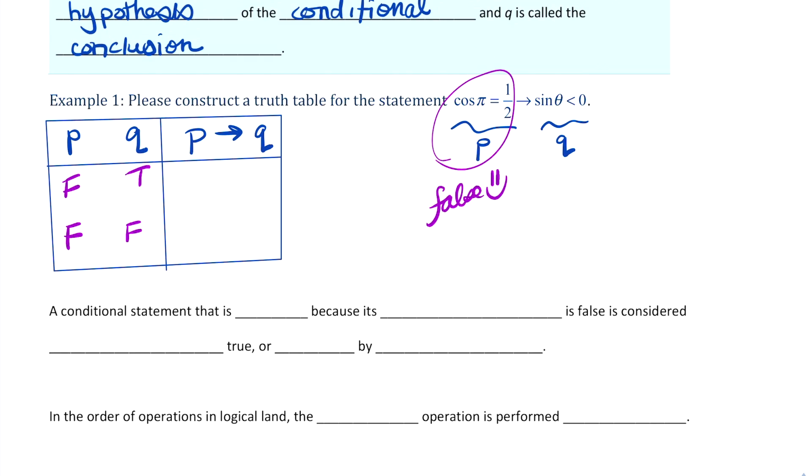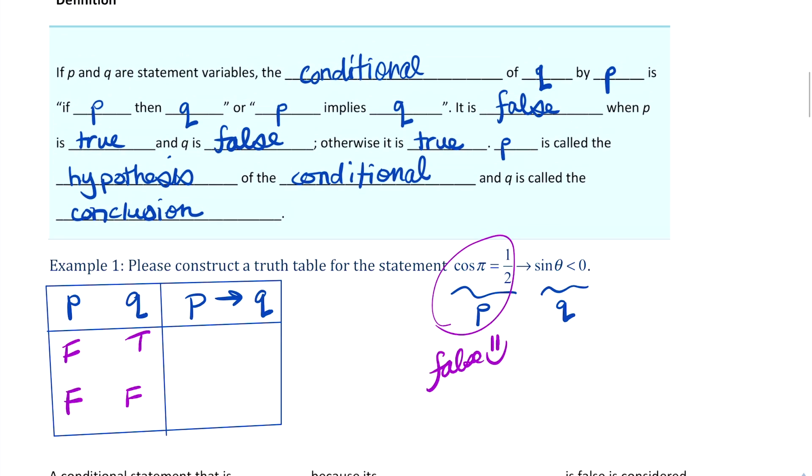We always have this false hypothesis of the conditional, right? The only time you end up with a false statement in this conditional of Q by P is when the premise or the hypothesis is true and the conclusion is false.